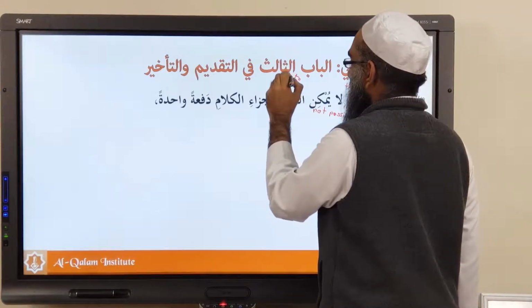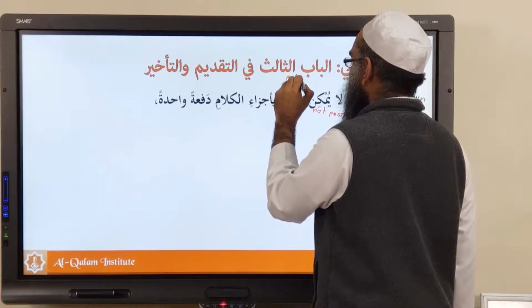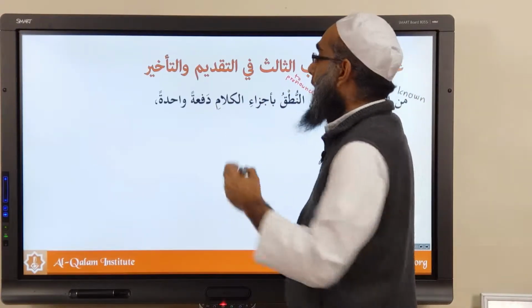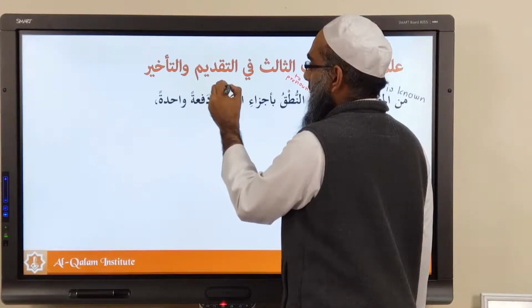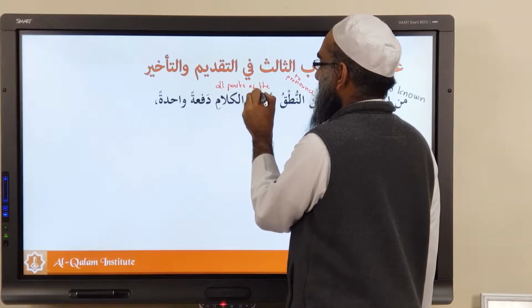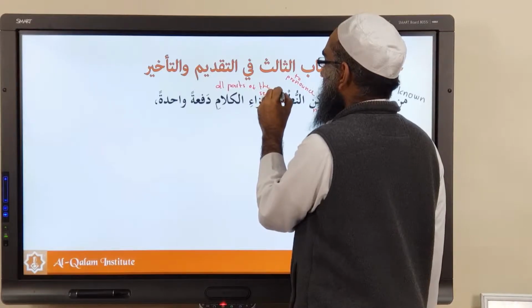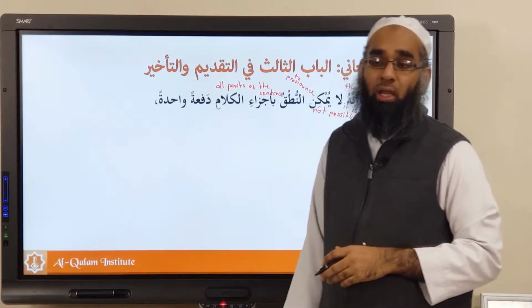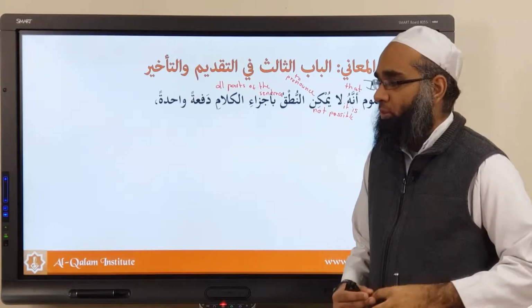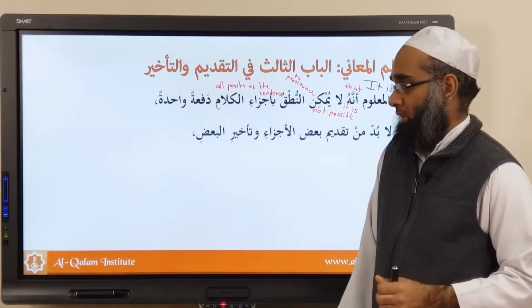To pronounce or enunciate all أجزاء الكلام, all parts of the sentence or speech, دفعة واحدة, all at once. So it is known it's not possible to enunciate all the words of a sentence at once.